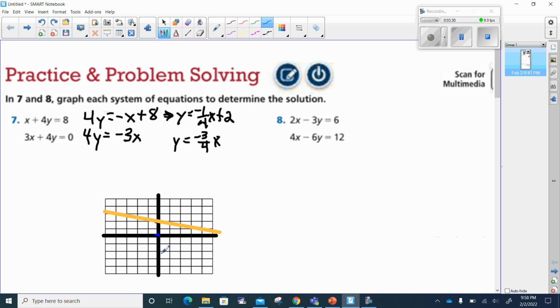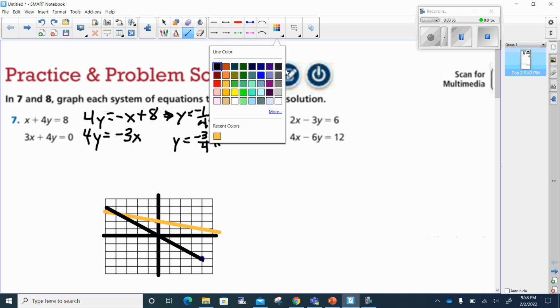That's 1, 2, 3, and 1, 2, 3, 4. That'll be my other dot here. When I make my line, once again, I'll go up 3 and then over 4. That'll put us here. And I'm going to make this line light blue.